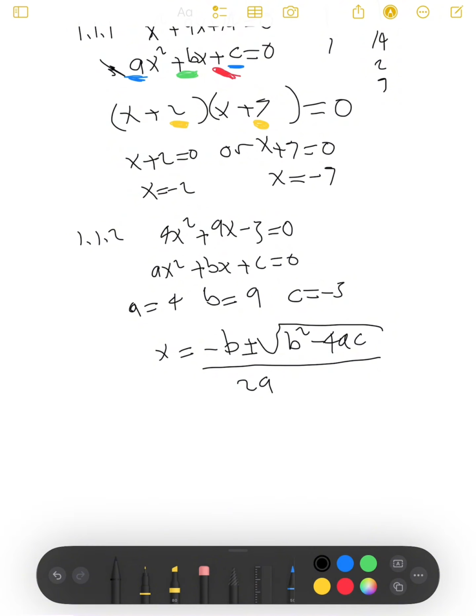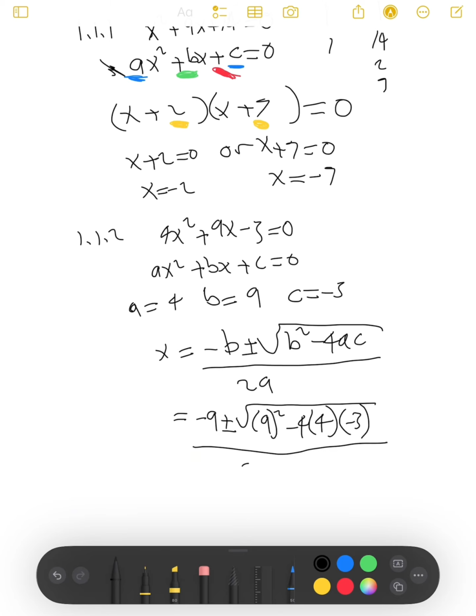So here we can substitute. This is going to give us -9 plus or minus the square root of 9 squared minus 4 times -3 times 4, over 2 times 4.